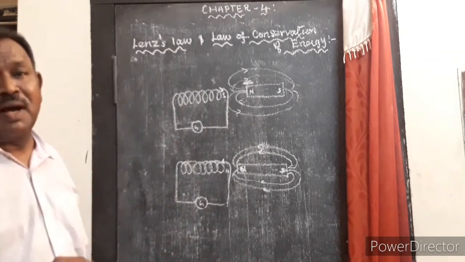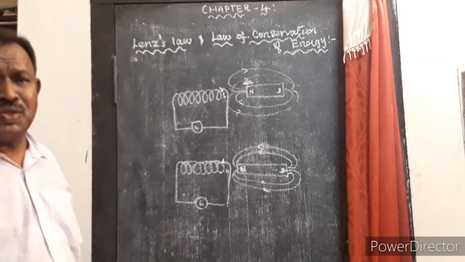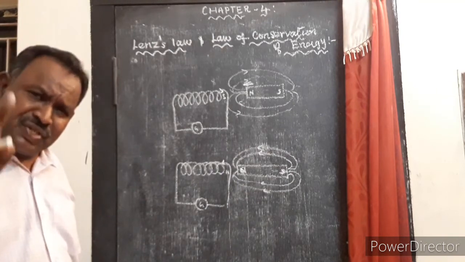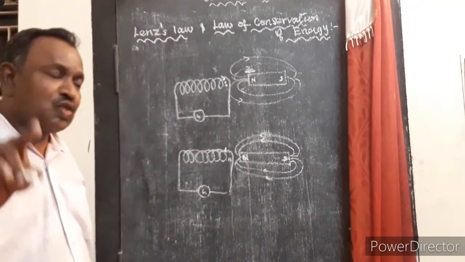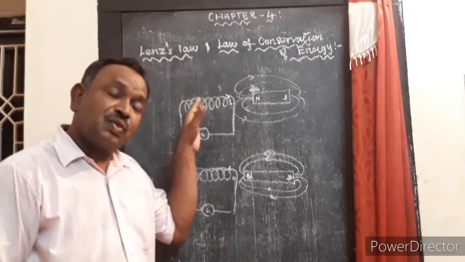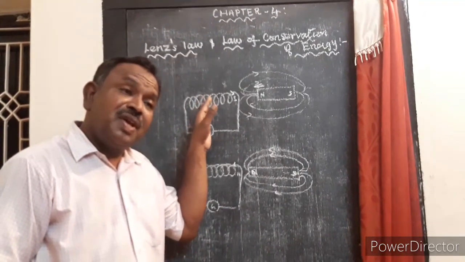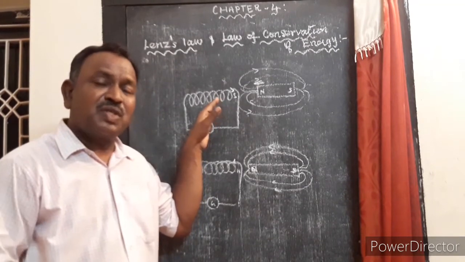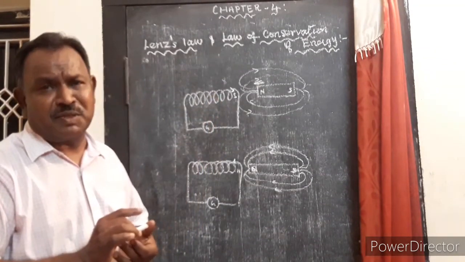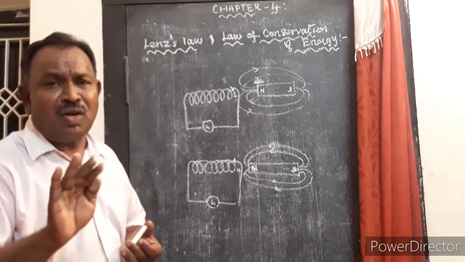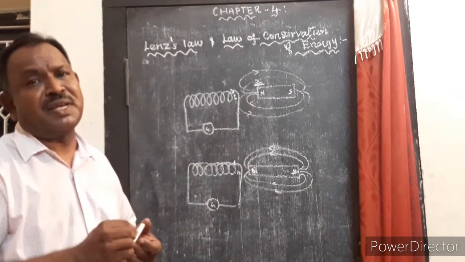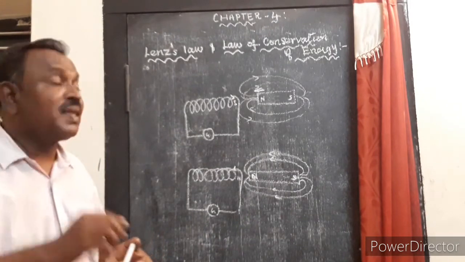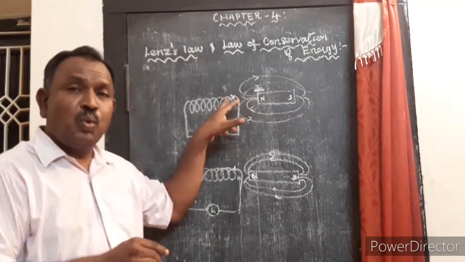As per Lenz's law, this induced current or induced EMF flows in such a direction so as to oppose the cause, so as to oppose the change in the magnetic flux. Opposing the change in the magnetic flux means it is not allowing the magnetic flux to change. If the magnetic flux is not to change, the magnet should not move.